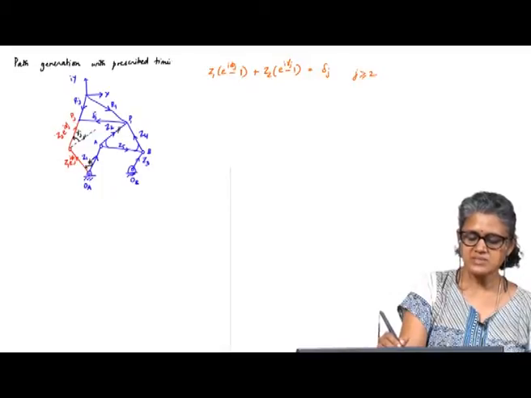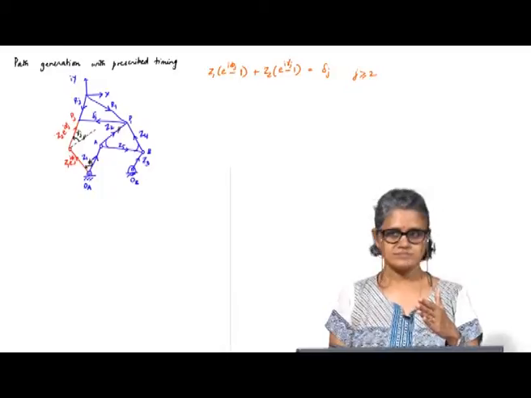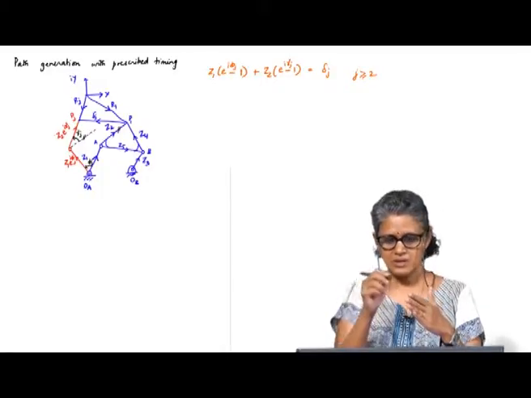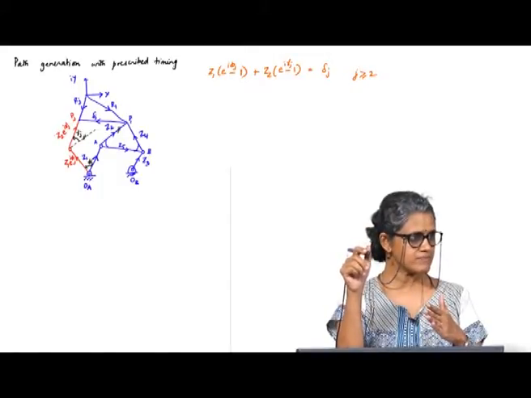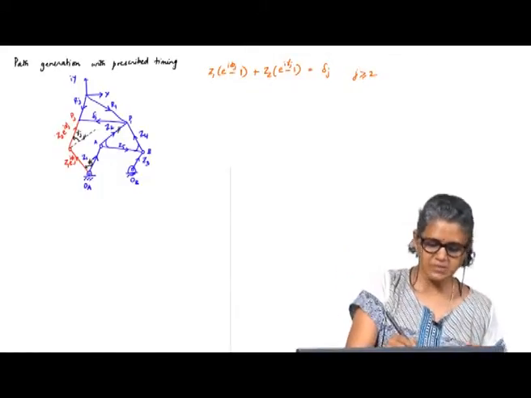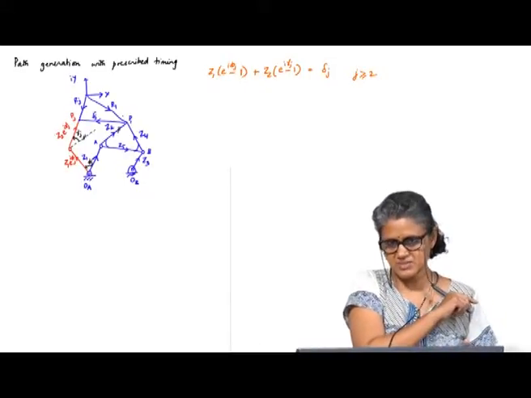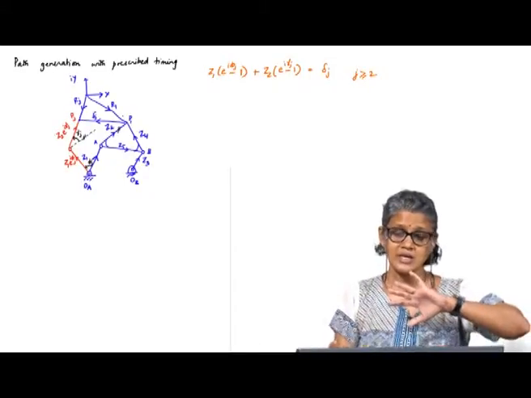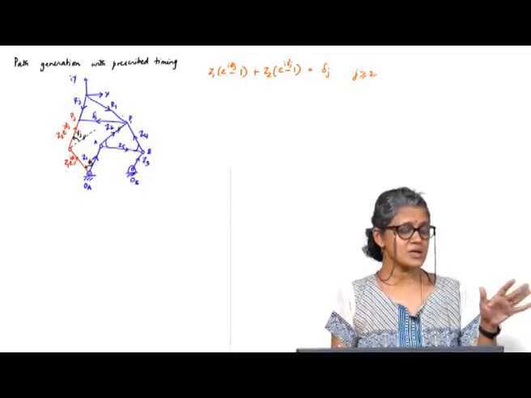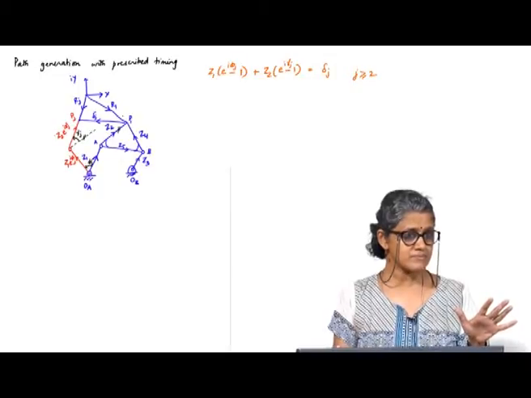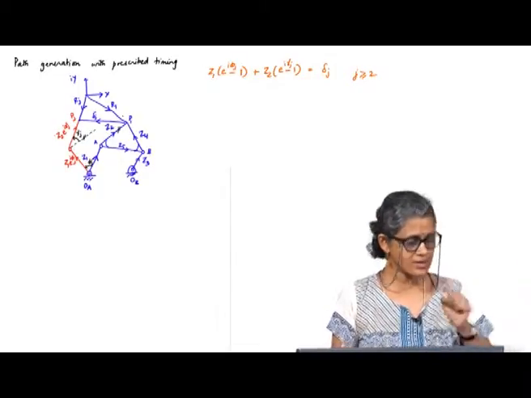Prescribed timing means for a certain input angle, you want the coupler point to be at a certain location. Path generation means you are only worried about the location of this coupler point P at successive positions. You do not really care about the orientation of the coupler. You only care about where P is located.